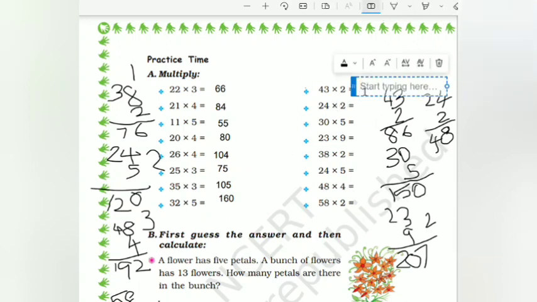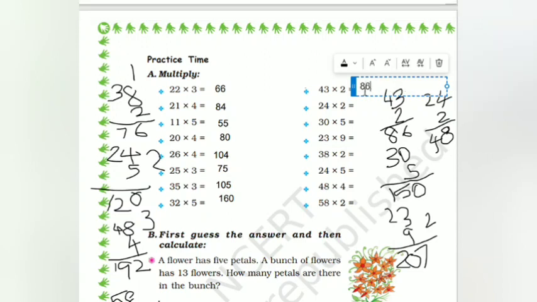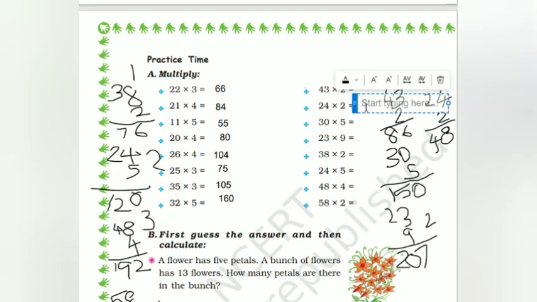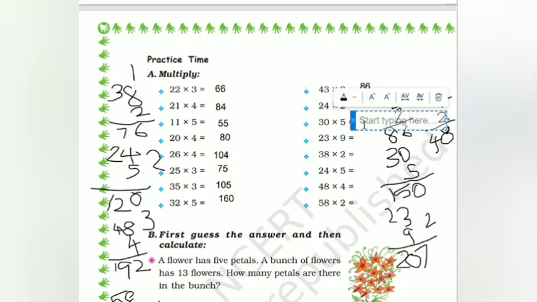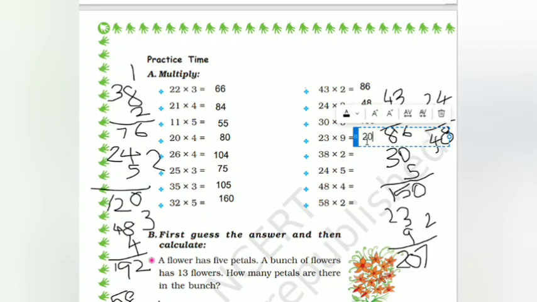43 multiplied by 2, 86. 24 multiplied by 2, 48. 30 multiplied by 5, 150. 23 multiplied by 9, 207.